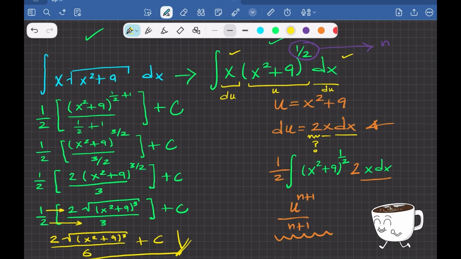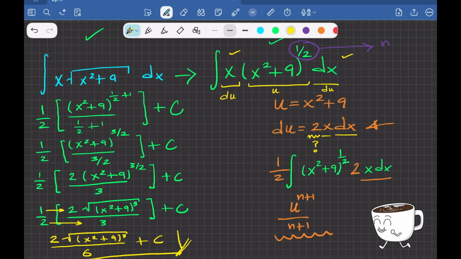In this case, we could complete it. We added 1/2 in order to balance the outside. And we realized that we could use the chain rule. What we had left was to replace u to the n plus 1, over n plus 1.